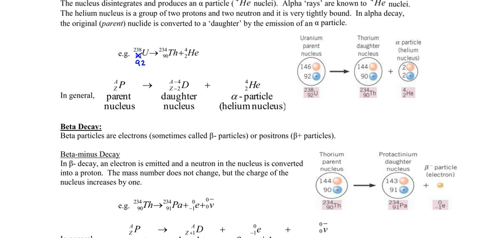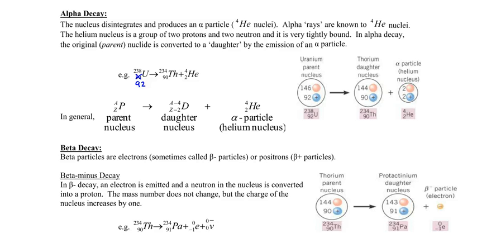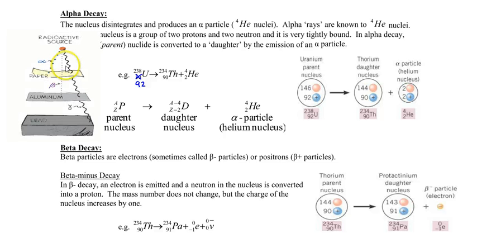All right, we're going to look at alpha decay right now. There is a little bit of an error in your notes, I just noticed. This 90 right here should be a 92, and you'll see why in a moment. So alpha particles, just to classify them, are the least penetrating. They can essentially be stopped with your hand or a piece of paper.